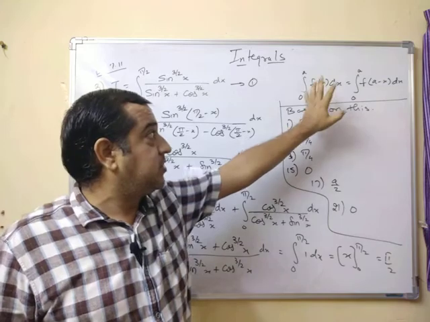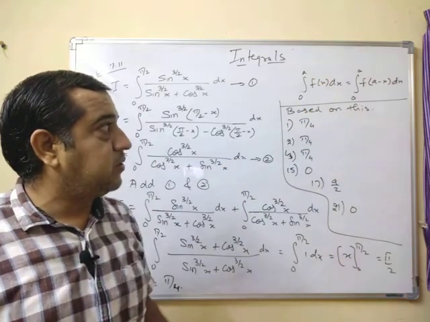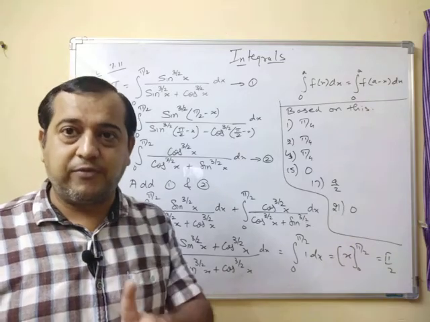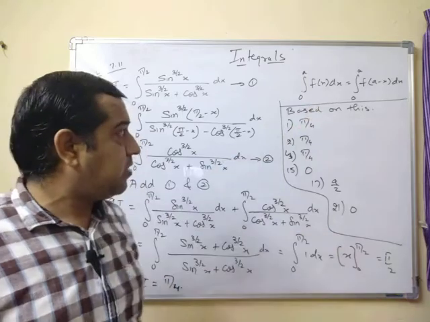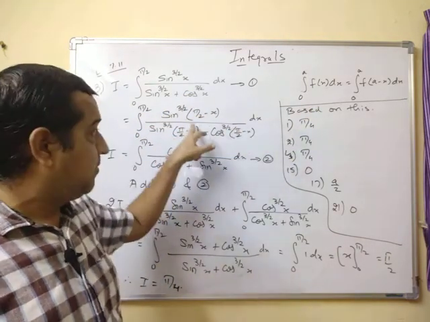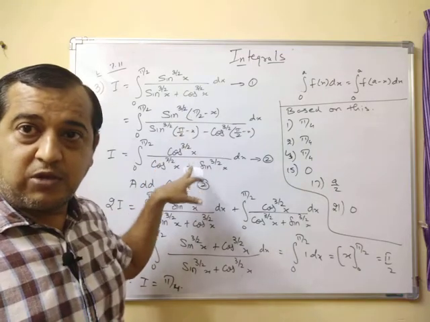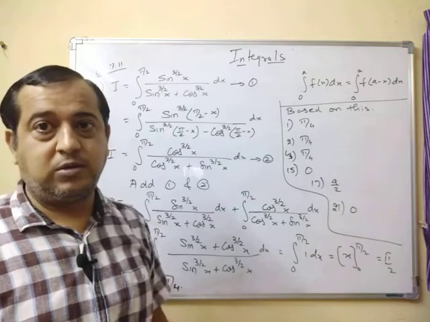Integral from 0 to a f x dx is equal to integral from 0 to a f of a minus x dx. Sorry, once again P4. You have to apply the same property P4. Take the question as equation 1, apply property P4, you get another equation 2, add 1 and 2. In all these cases you have to do the same.